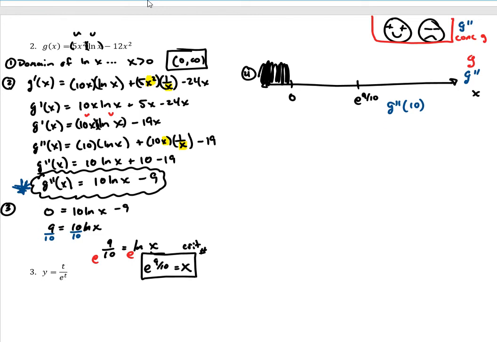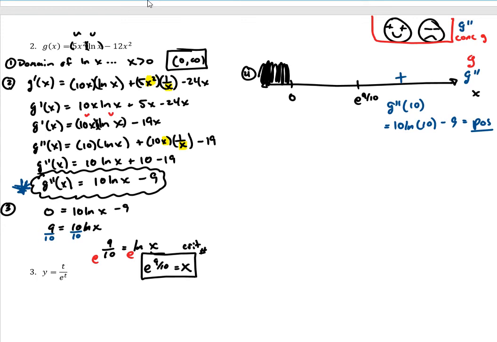So I have 10 natural log 10 minus 9. And then, well, with a calculator, we could really verify 10 natural log of 10 is going to be bigger than 9. So when this does subtract, it will be positive. I'm just skipping the calculator work. It's definitely positive. You could verify with a calculator. So this will be positive right here.